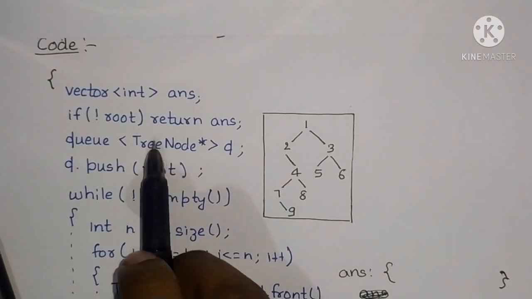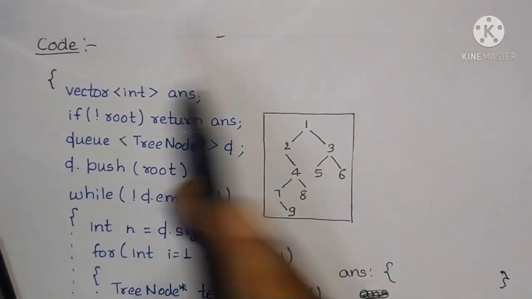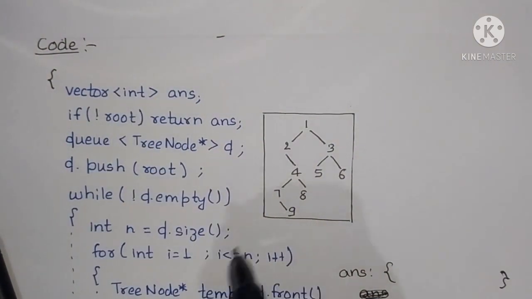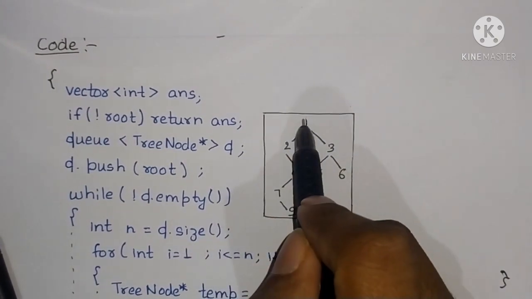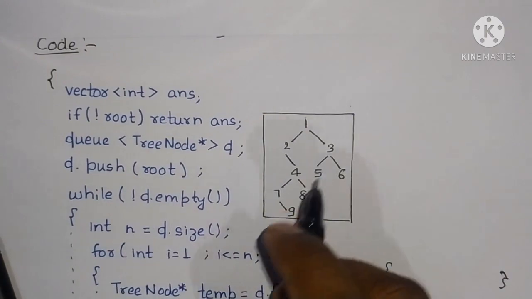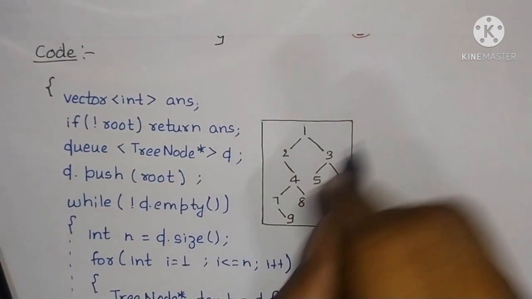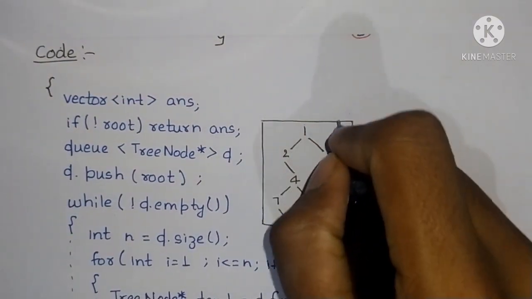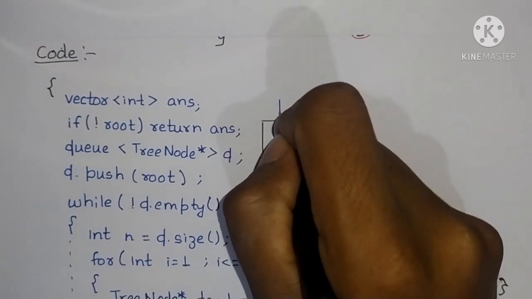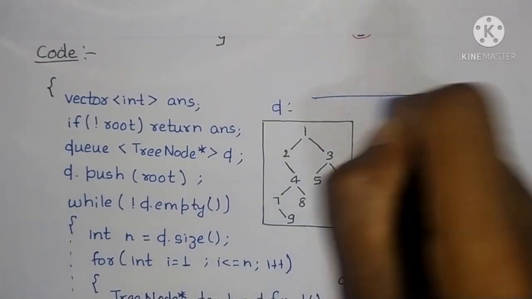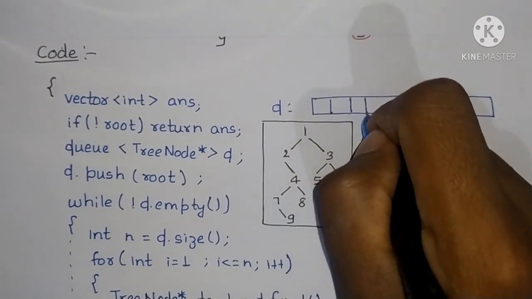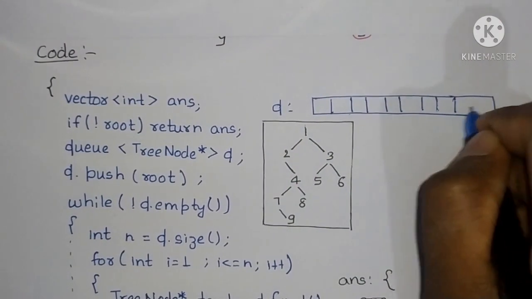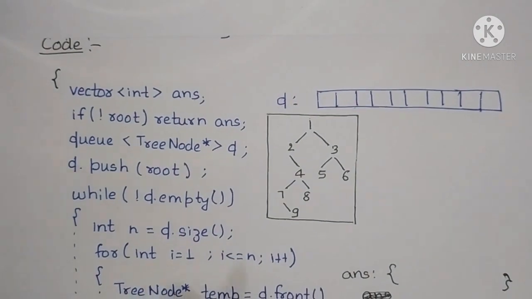And if there is a root, then what will we do? Here the root is 1, so if the root is present, we will make a queue. Okay, we made a queue.